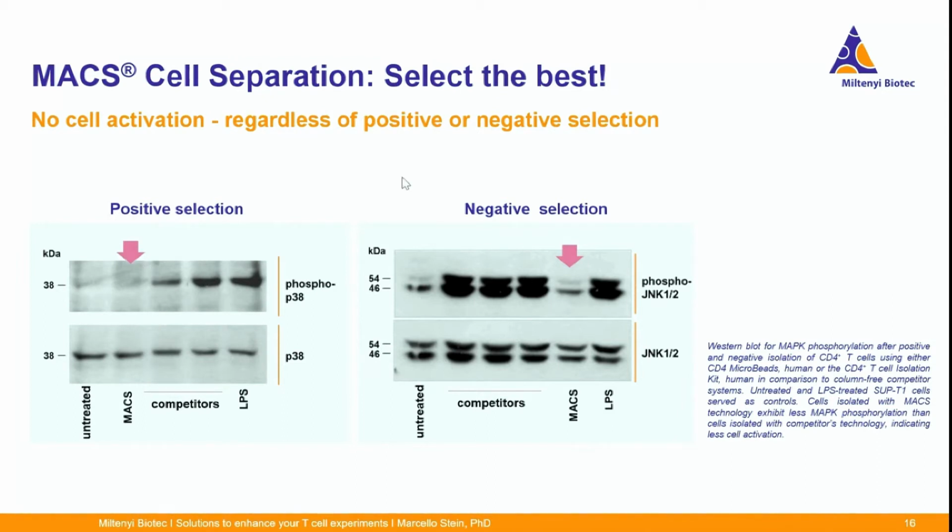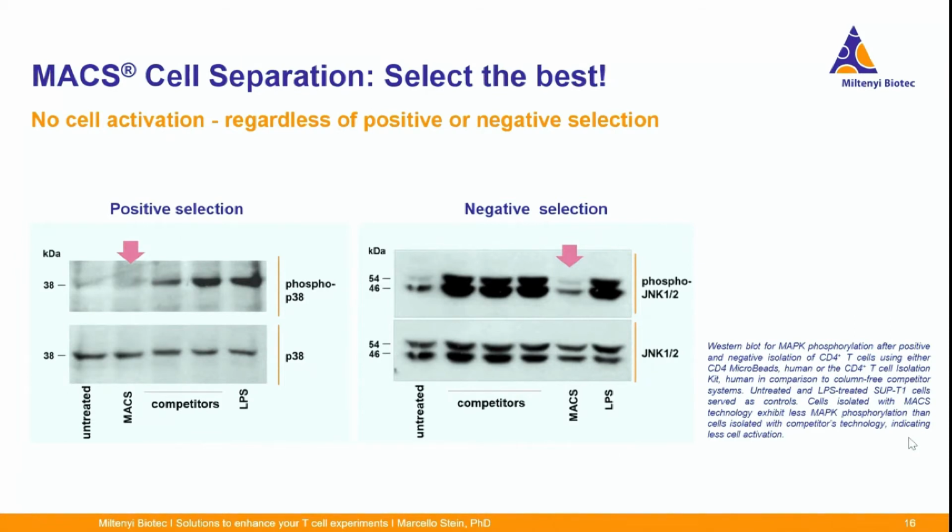On the right side, you see a Western blot for JNK 1 and 2 phosphorylation after negative isolation of CD4 positive T cells using either Miltenyi CD4 T Cell Isolation Kit, human, or three competitor column-free systems. Also here, untreated and LPS-treated SUP-T1 cells served as negative and positive control respectively.